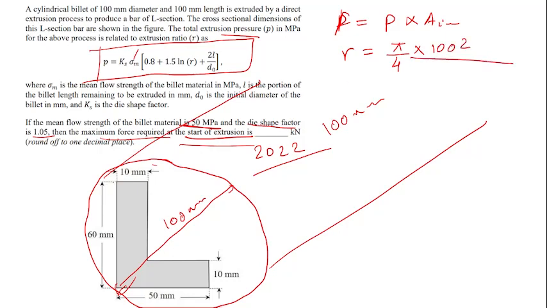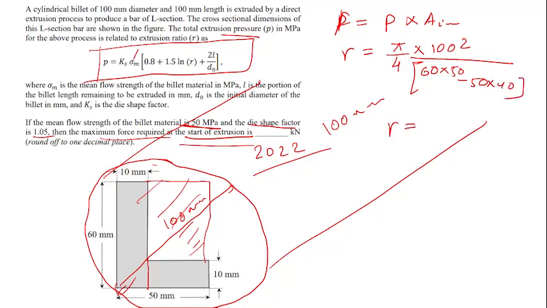Okay, there are two ways. Either you subtract this much area, or you just add this area. So it will be subtracted. Ma'am, in this we will always take the cross-section area only. Yes, that is the definition of extrusion ratio. Into 50, right?